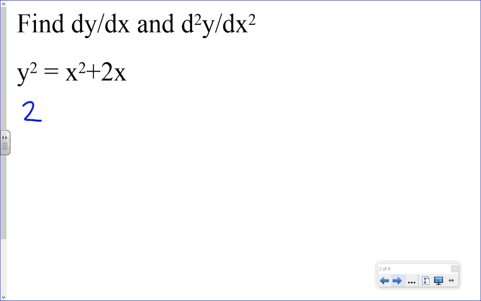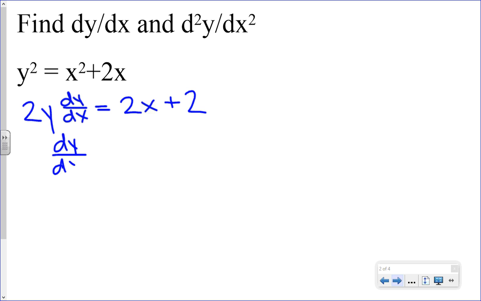So we're going to keep it like this, which means we're going to have to do some implicit differentiation. The derivative of y squared with respect to x is 2y dy/dx. The derivative of x squared plus 2x would then be 2x plus 2. So this one was nice, right? We only have one term with dy/dx, and so all we have to do is divide over that 2y.